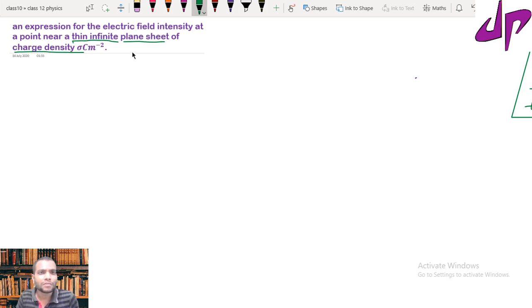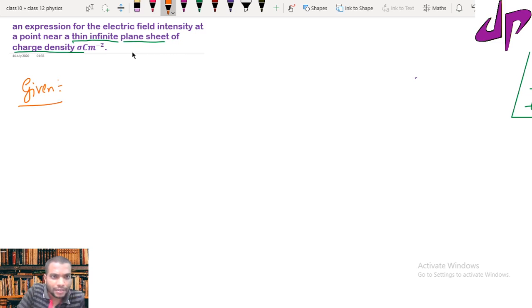Now this plane sheet is also a symmetrical object. If it's a symmetrical object with charge, we can easily apply the Gauss theorem. So let me write first what is given.